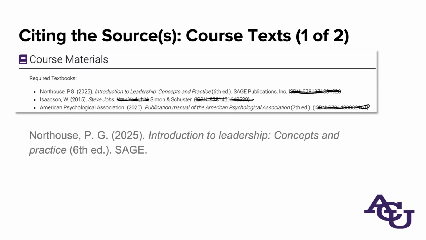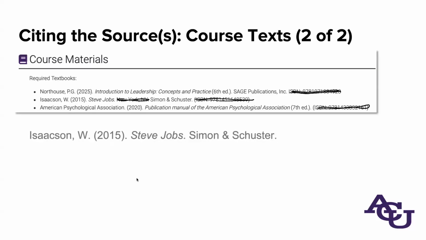We abbreviate the publisher to just Sage, and then we don't include the ISBN. Okay, seems straightforward. And so we have these two different ways we might cite it. And for Steve Jobs, since Jobs is his last name, it's capitalized that way, but we don't include the city and state in APA 7th edition, and we don't include the ISBN.